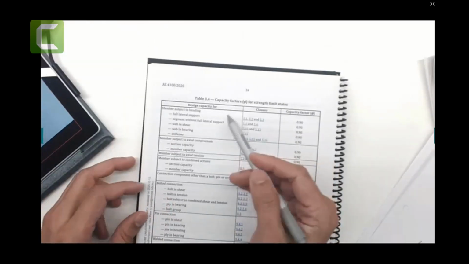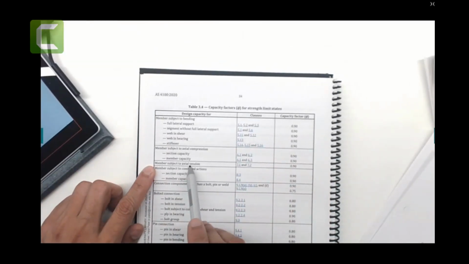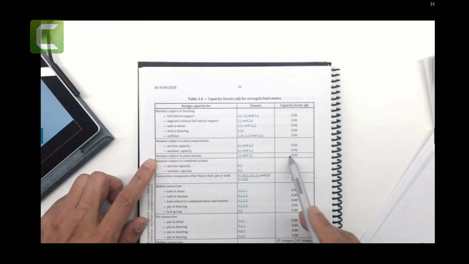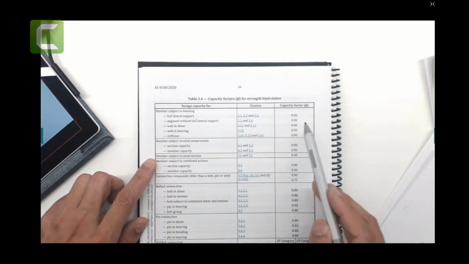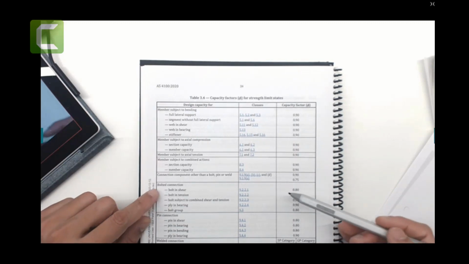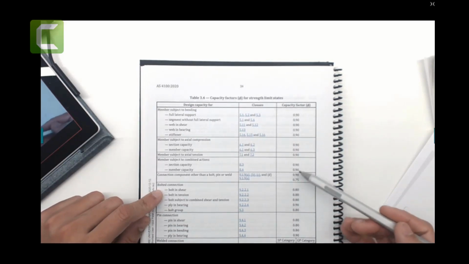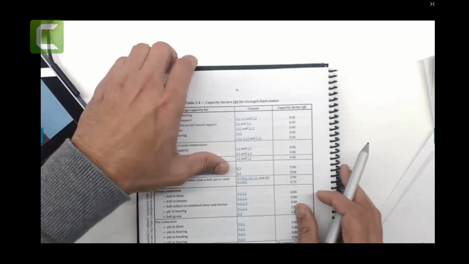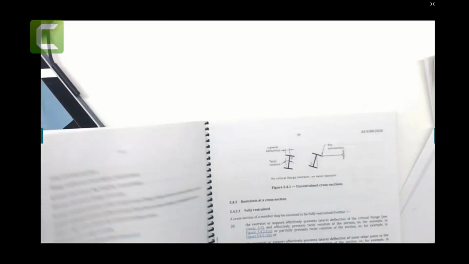I think I showed you these tables many times, but for this example, I can show it to you again. In these tables, you read members subject to axial tension, and you get 0.9. Almost everything is 0.9. Probably the bolt connection is the only one at 0.8. So a 10% reduction is applied for those residual stresses and all.